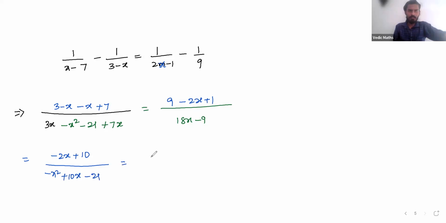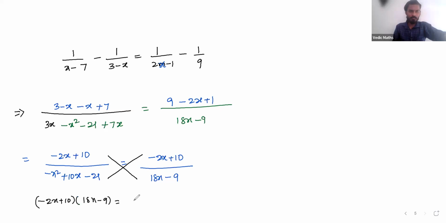And in this case, minus 2x plus 10. And in the denominator, 18x minus 9 we are getting. So by the cross multiplication, you can see in both sides we are getting the same thing, the 2x plus 10 into minus x square plus 10x minus 21.